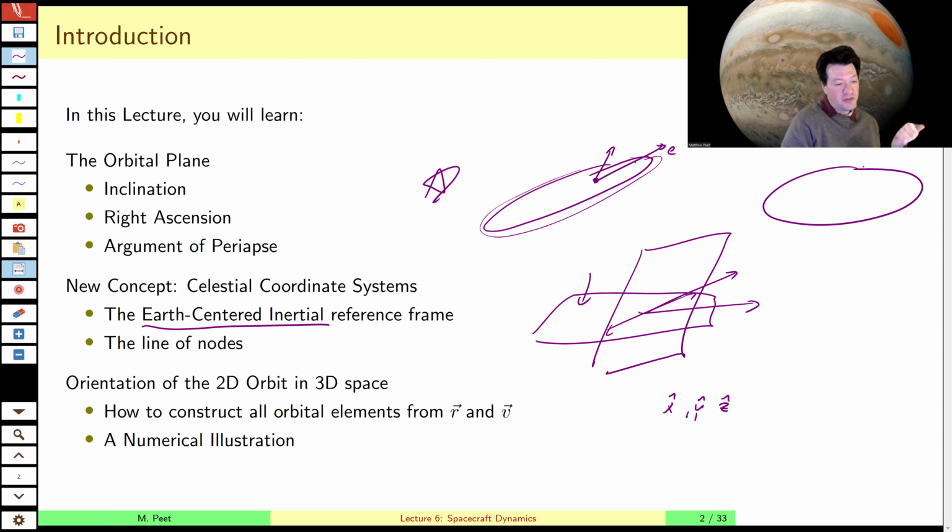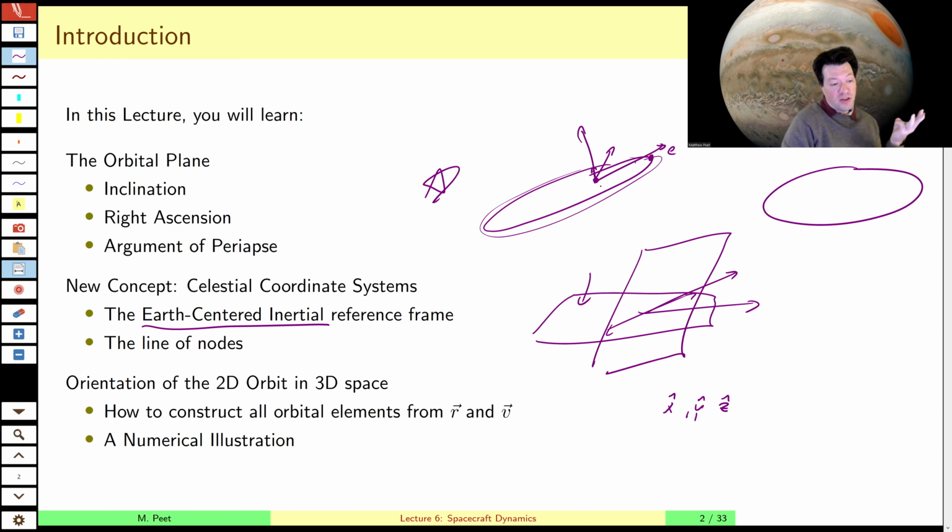So in addition to eccentricity and semi-major axis, which are certainly sufficient to define this two-dimensional or one-dimensional orbit, depending on how you think about it, we need three more orbital elements to describe the orientation of this ellipse in three-dimensional space: where the periapse is pointing, where the normal is pointing, and so forth.